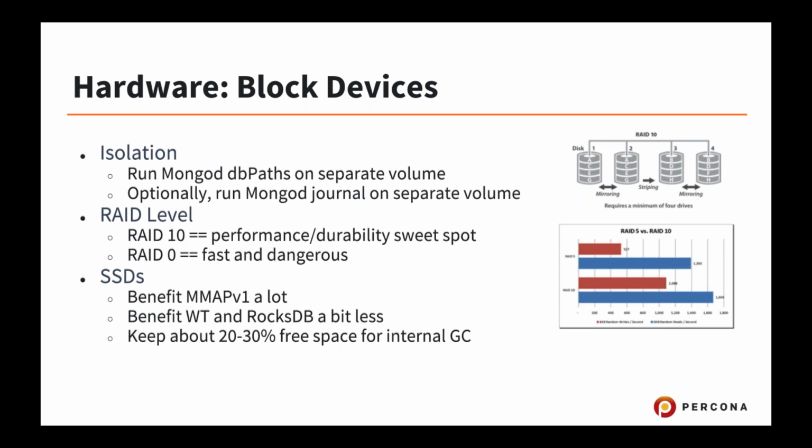If you're using SSDs, I would put monitoring alerts on free space at around 20 to 30% at minimum. Because you definitely want to keep that amount of space free because most SSDs actually do internal garbage collection and they use free space to do it.